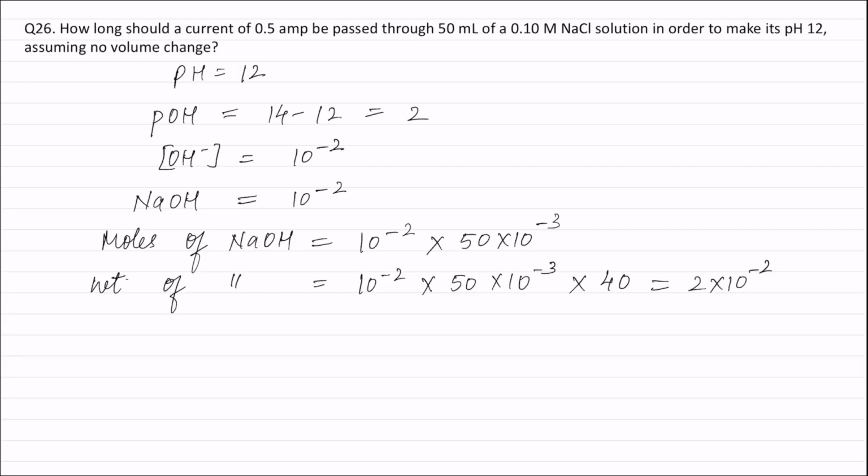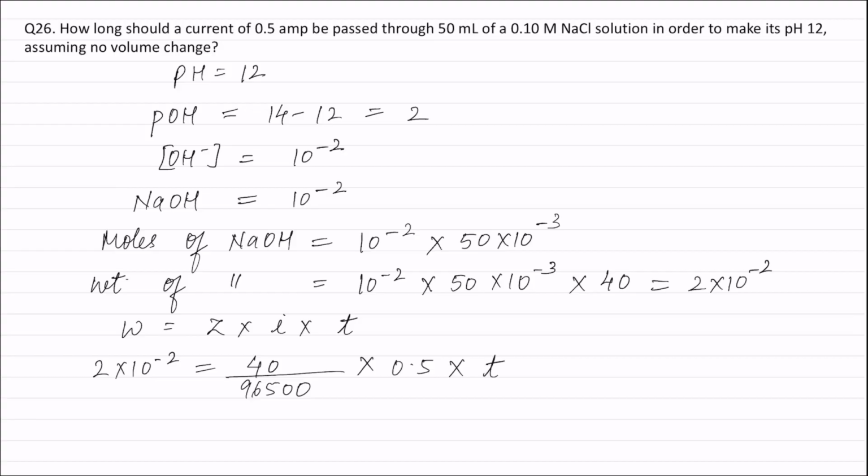Applying the formula, W is equal to Z into I into T. The weight of NaOH is 2 into 10 to the power minus 2, and this is equal to Z. The value of Z for NaOH will be equal to equivalent weight of NaOH, that is 40, divided by 96500 coulombs into current, that is 0.5 ampere, into time. Let time be t seconds. Solving this, the value of time will be equal to 96.5 seconds.